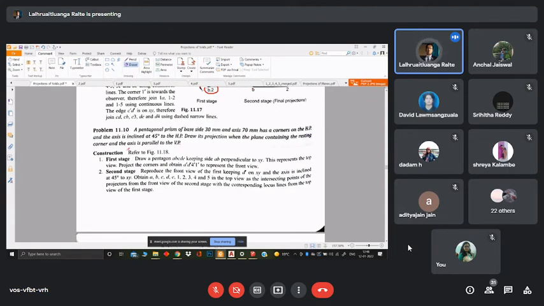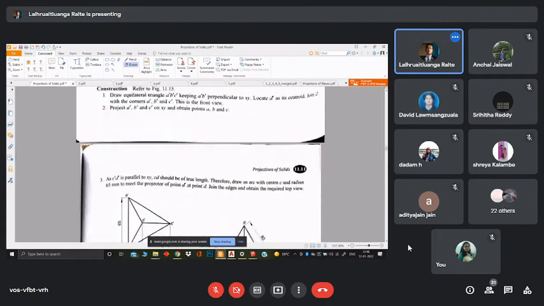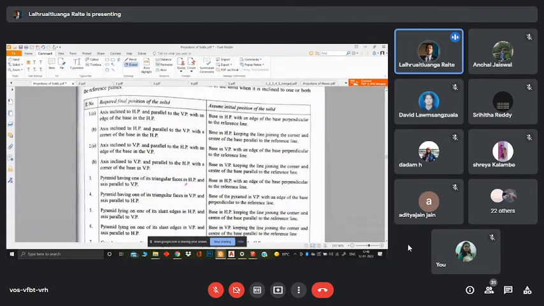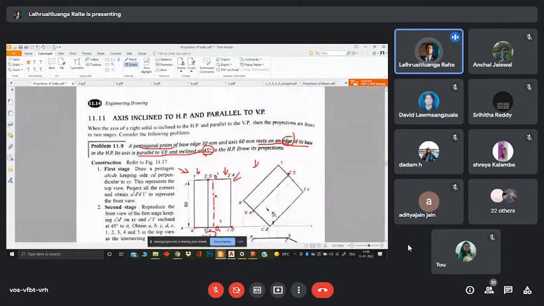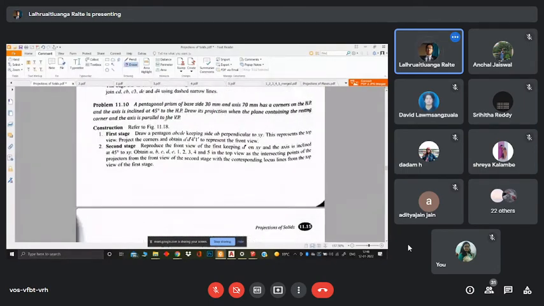So now we have to think about it. We have an axis still parallel to the VP, and an axis still inclined at 45 degrees to the HP. But our condition is now such that instead of the edge on the HP, we have a corner on the HP.